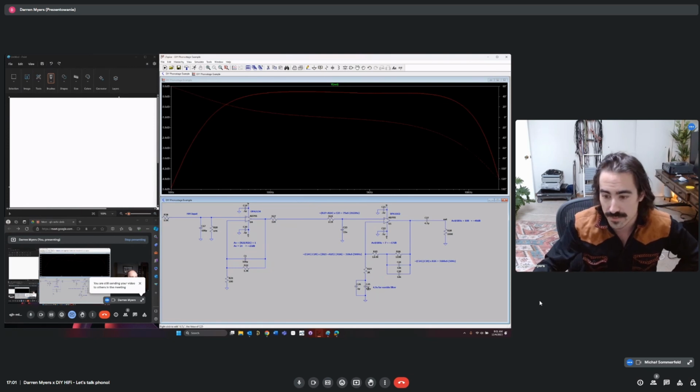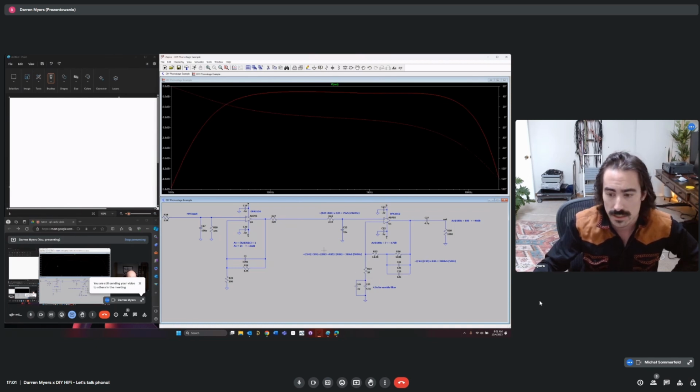This is a high pass filter being created by the impedance seen looking into this, which is also a combination of this impedance and this impedance here.